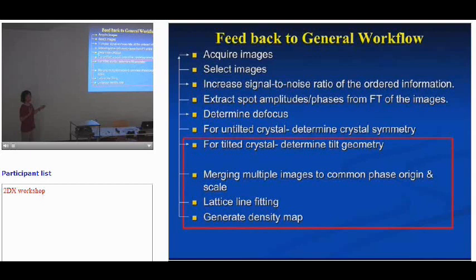Do you need to get your defocus better, or can you use your map to further increase your signal to noise ratio of the well-ordered information, which means the ones at your diffraction spots. And do you need to acquire more images, if your tilt geometry distribution is really bad. Okay, so this is what I have. Any questions?